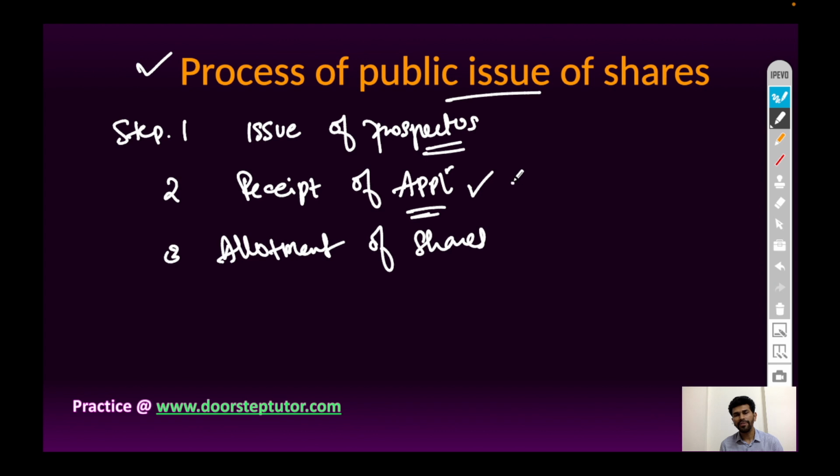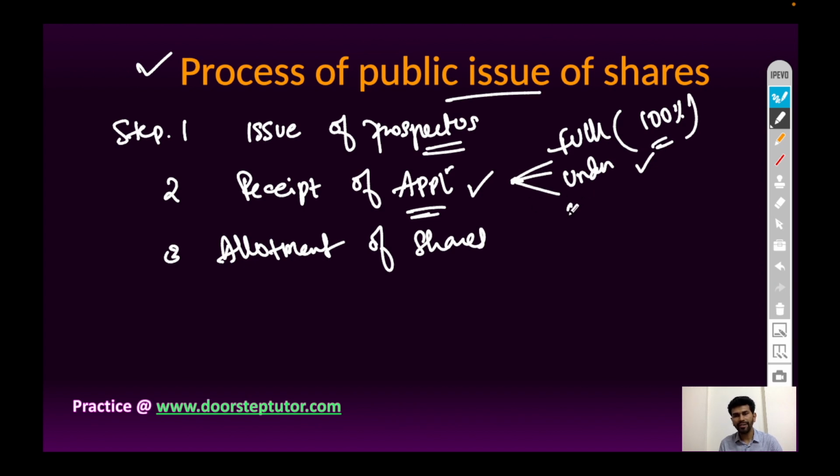If applications are received in full, then 100% of allottees will get allotment. If the shares are undersubscribed, then those persons who have subscribed these shares will get allotment of shares.